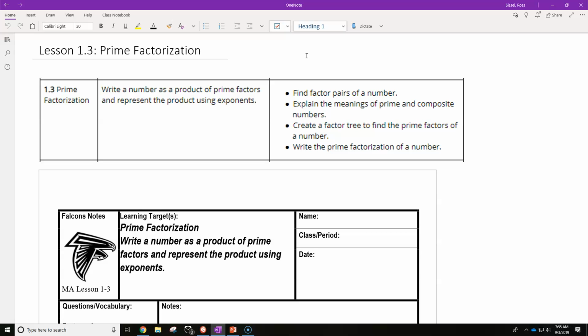We're going to explain what prime and composite is. We already identified prime. What would be a composite? If prime numbers are numbers that are only divisible by 1 and itself, what would be a composite number, Grace?